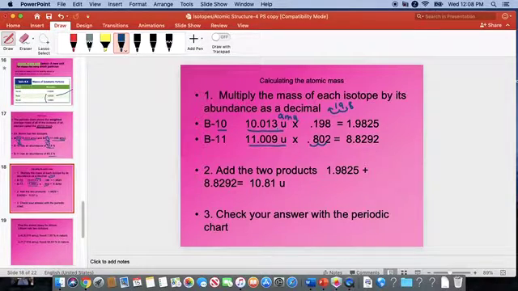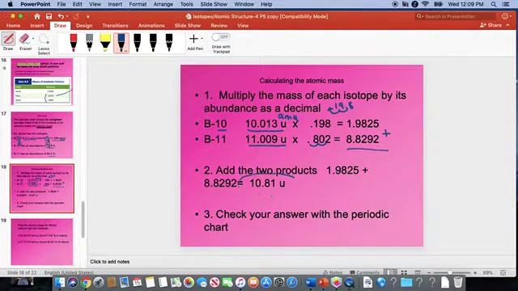So you take the mass of that isotope, you multiply by its percentage as a decimal, and you get a number. Do the same thing with the other isotope, multiply it by its percentage as a decimal, and you get these two numbers here, and then all you have to do is add these two up. If you add those up, you can try it yourself, you should get 10.81 atomic mass units.